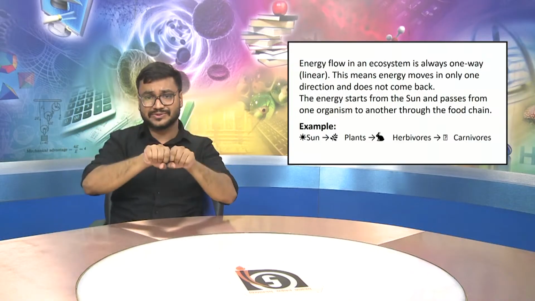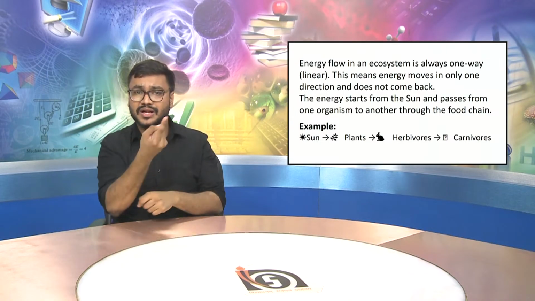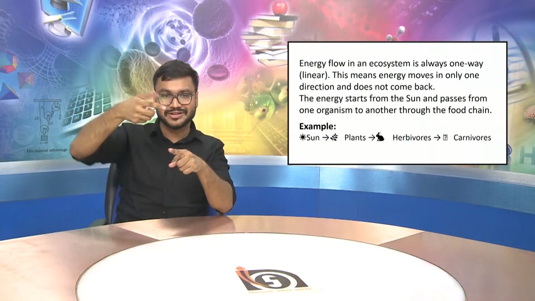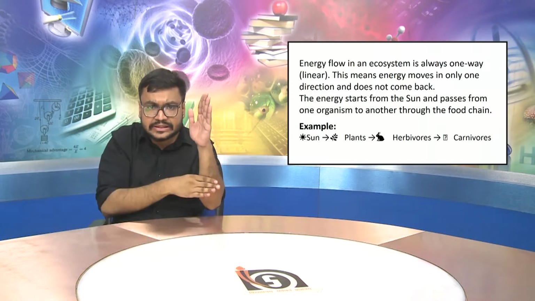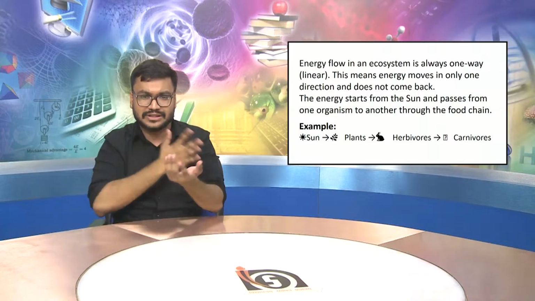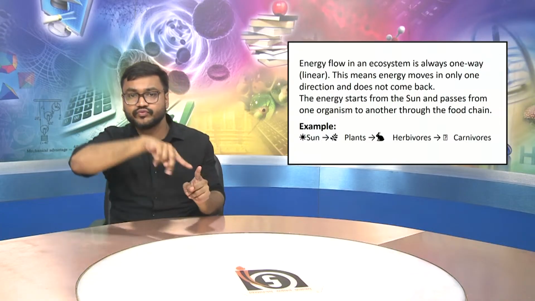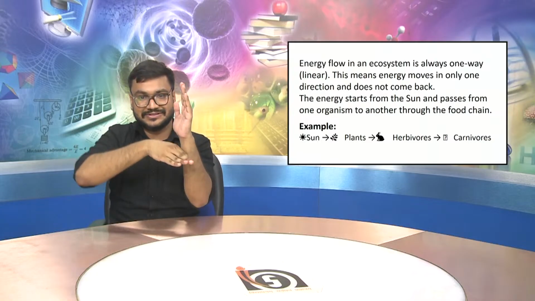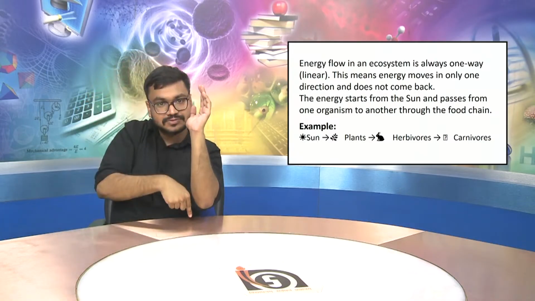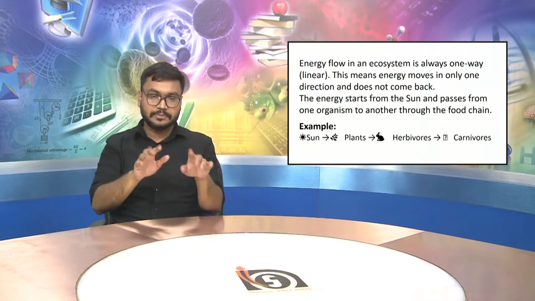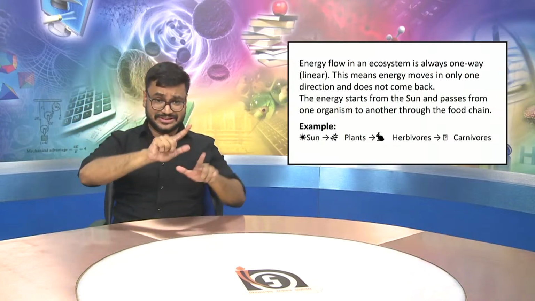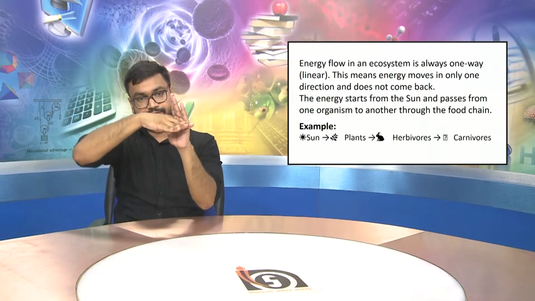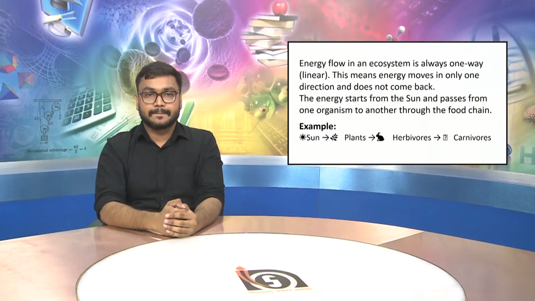Energy flow in an ecosystem is always one way, or we can say linear. This means energy moves in only one direction and does not come back. The energy starts from the sun and passes from one organism to another through the food chain.